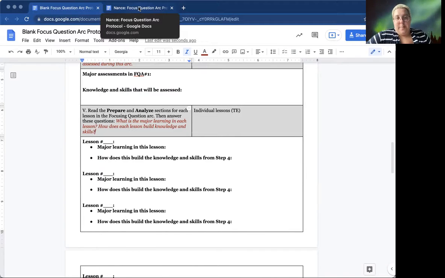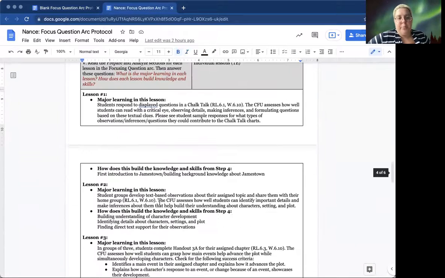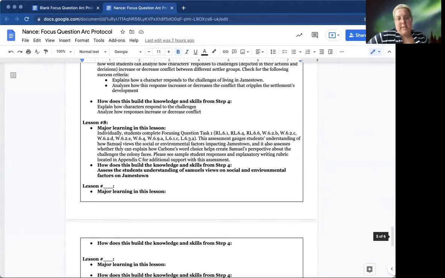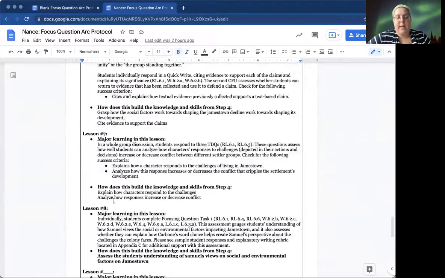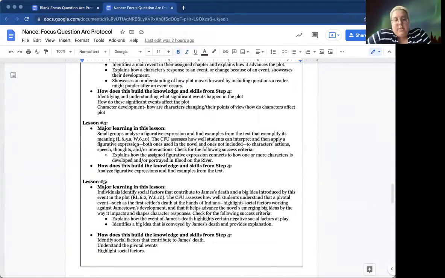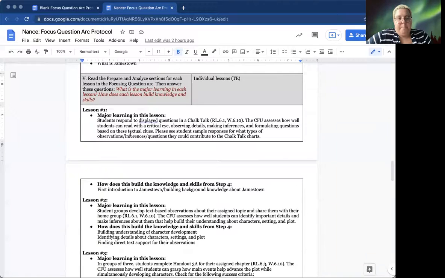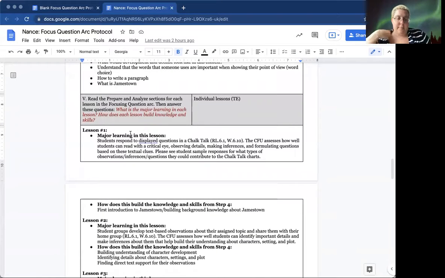So just as a sample, in this one, there were 8 lessons within the ARC, so we just left the rest of them blank. And a lot of this you'll see is just stuff that's copied and pasted from the prepare and analyze sections. This is just taken straight from the lesson.